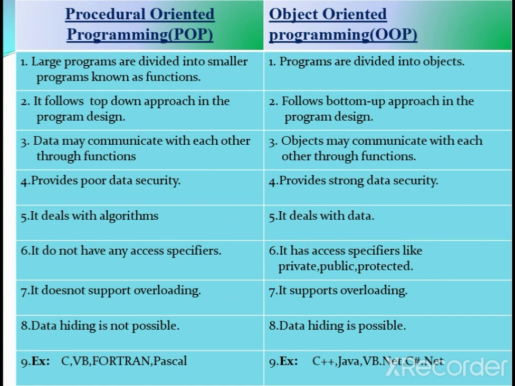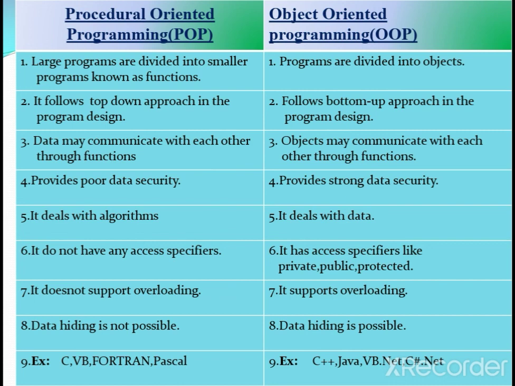In POP, functions are responsible for transforming data from one form to another. Here data hiding is not possible. But in OOP, data hiding is possible. Data is hidden and cannot be accessed by outside functions.